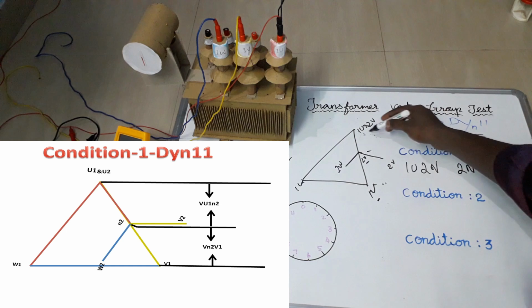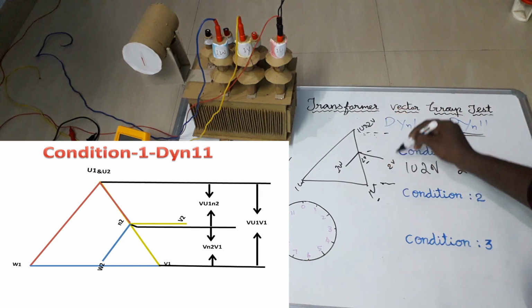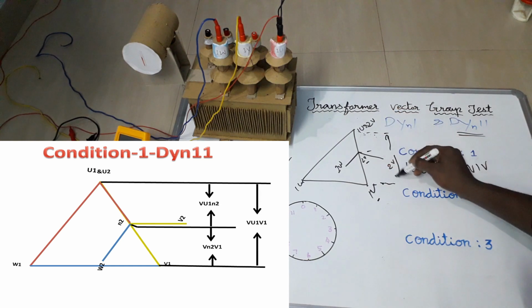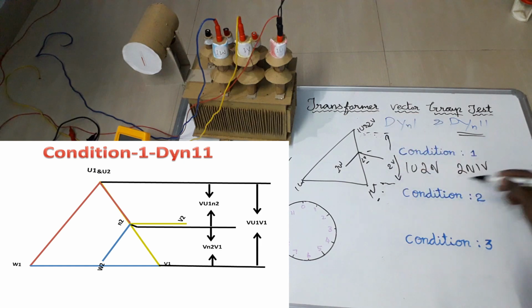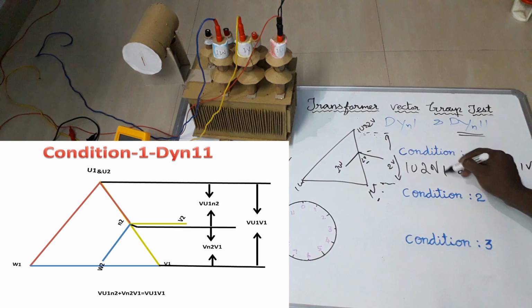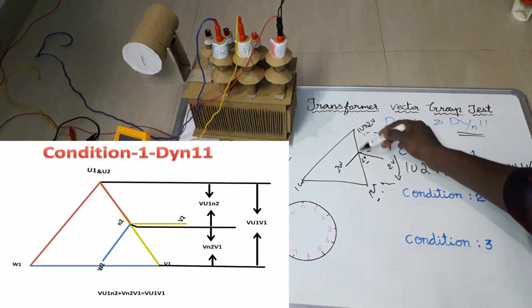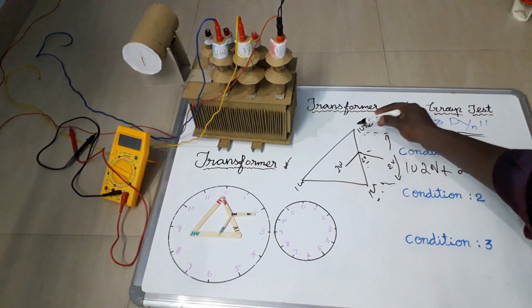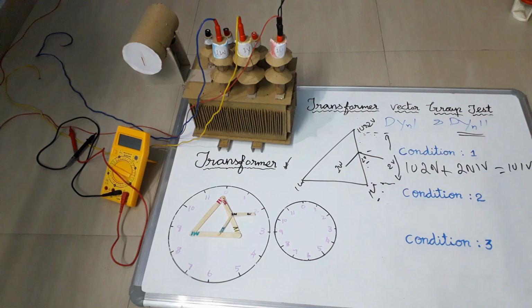Third, I am going to measure from 1U to 1V. 1U to 1V. Now if I sum these two values, it should be equal to 1U, 1V. When I add these two values, it should be equal to from this end to this end. This is our condition 1.